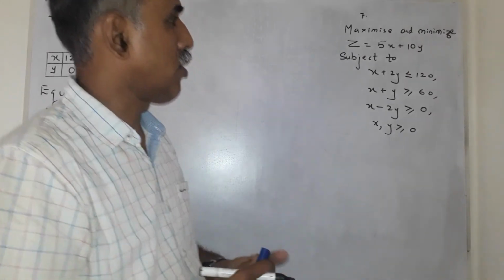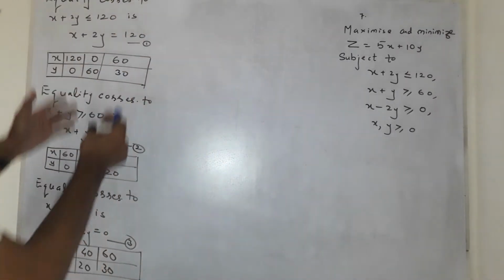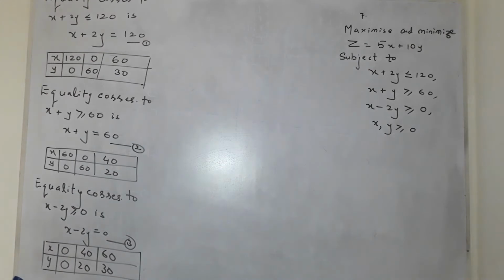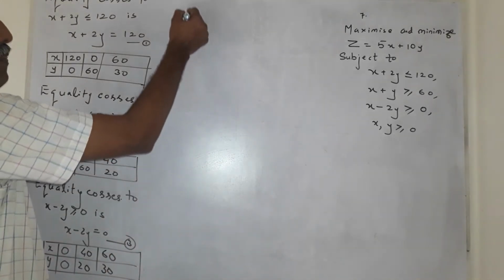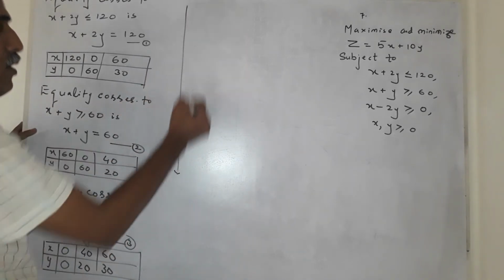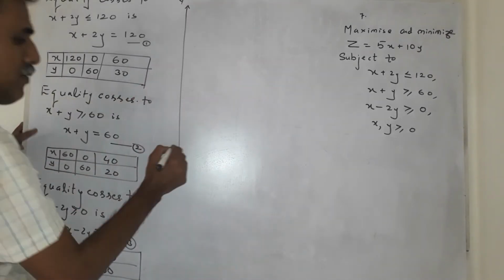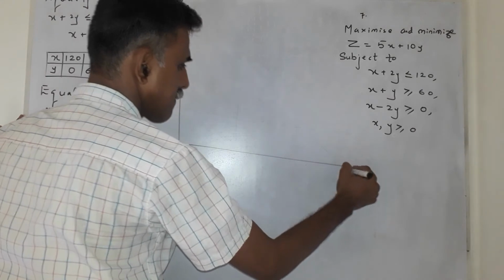Now let us try to draw the graph. If we have a look at these plottings, what we find is the maximum x coordinate is 120 and the maximum y coordinate that we find is 60. Okay, let us do it this way. The y-axis, the x-axis.